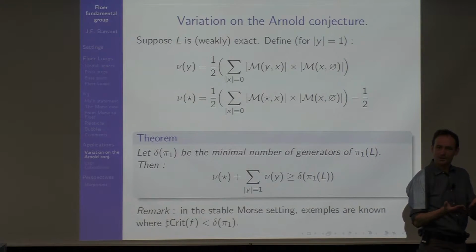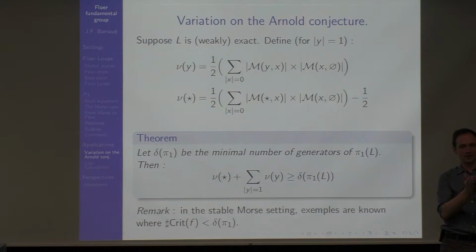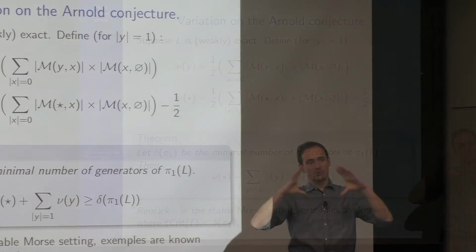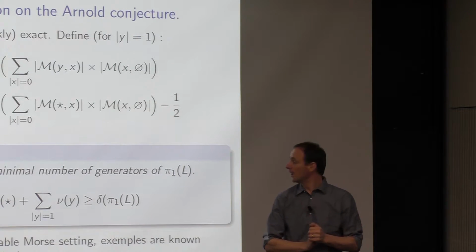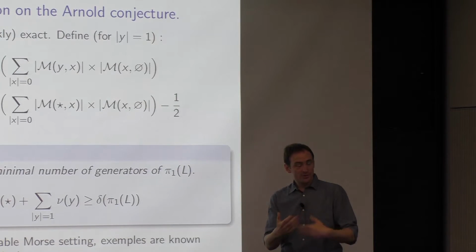All the constructions I gave also make sense in the stable Morse setting. Maybe I should say what the stable Morse setting is: instead of considering a Morse function on your manifold, consider a Morse function on your manifold times Rn, and you require that it's quadratic at infinity with some signature. You can do Morse theory for that.